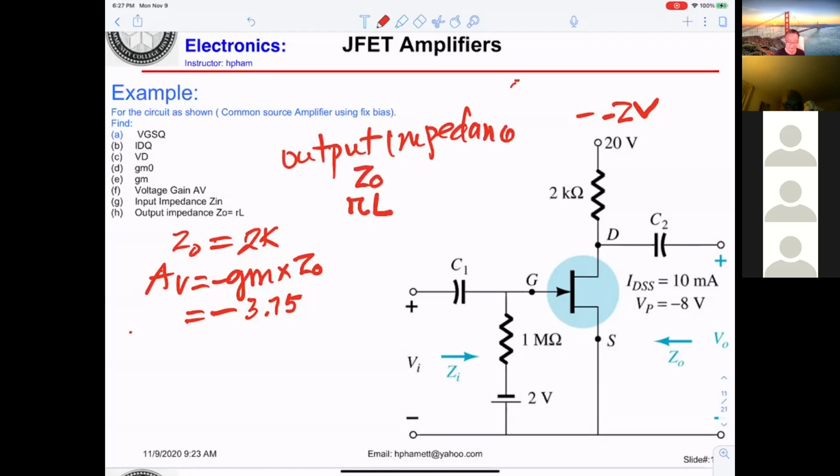Thank you. I sometimes use ZL or R small L. So if you read a textbook, you can understand what they're talking about.